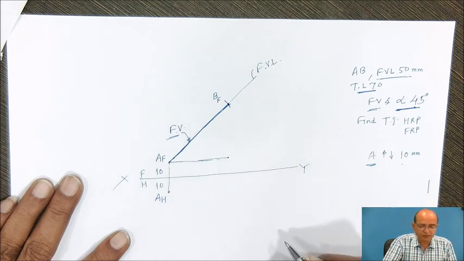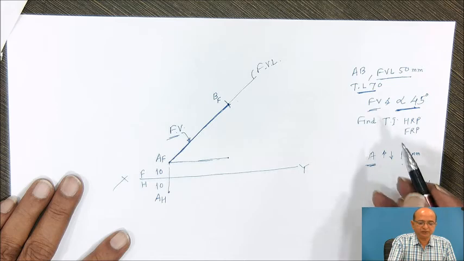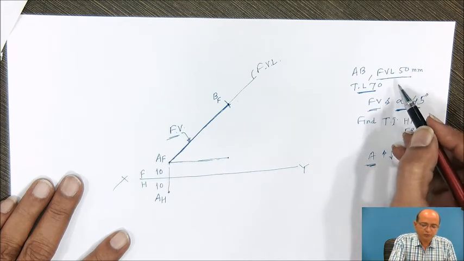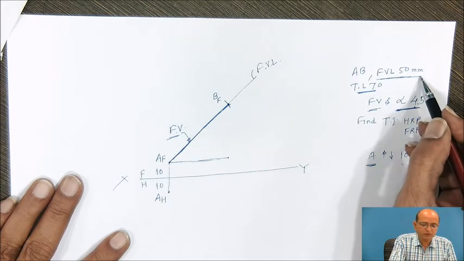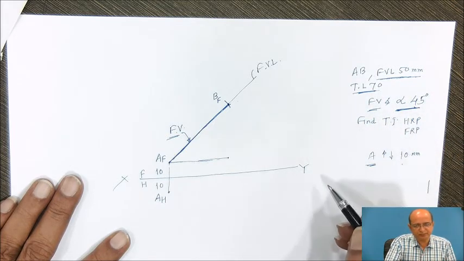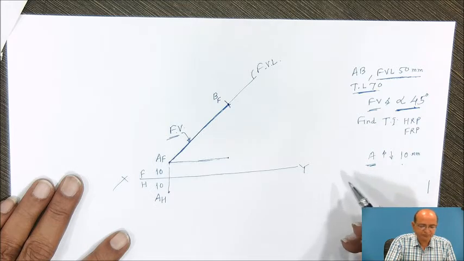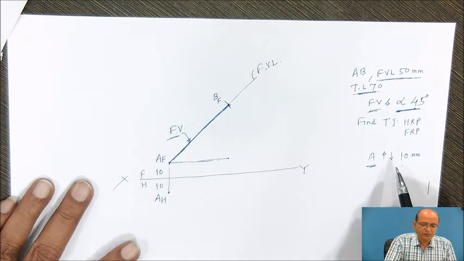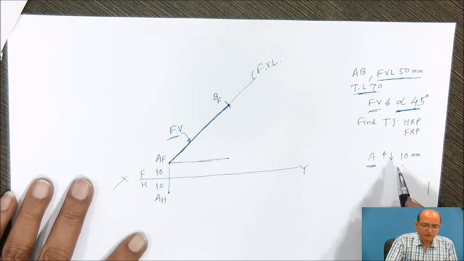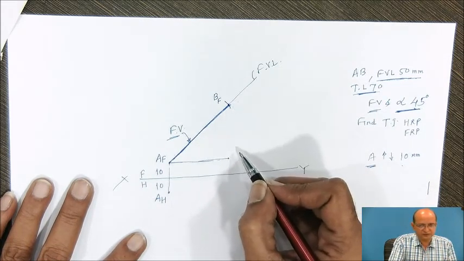Now to complete the top view, we must use the other details given in the question. Apart from the front view, the true length is given, 70 mm. We will get the true length of this line after rotation.